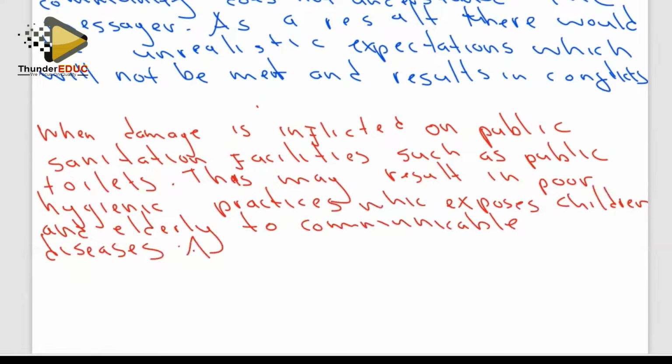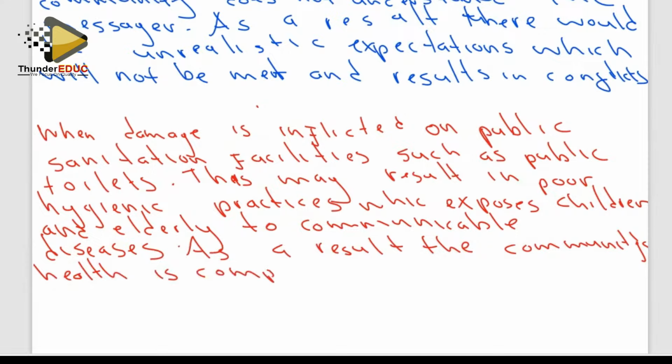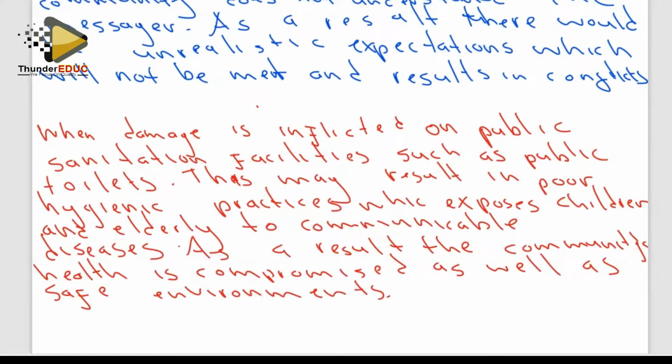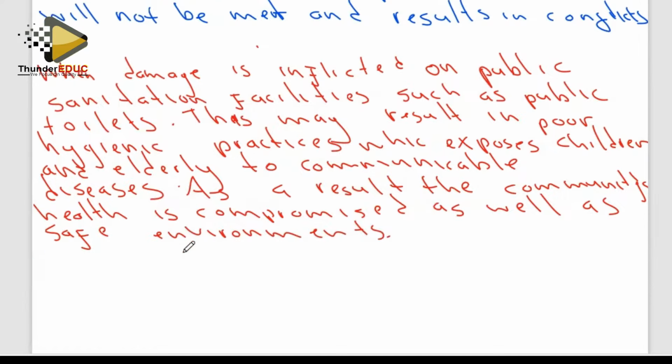So as a result, the community's health is compromised, as well as safe environments. So that's one way whereby people damage public sanitation facilities such as public toilets.